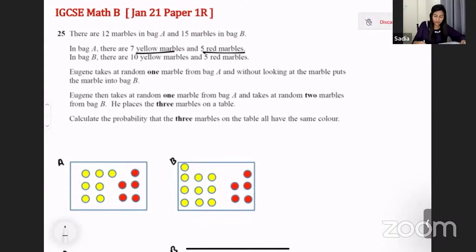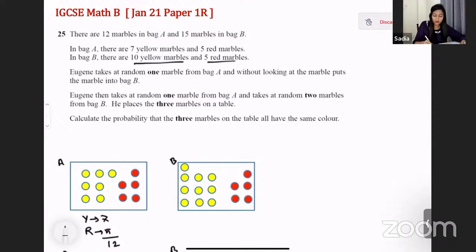So as I have already included in this diagram, you have 7 yellow marbles and 5 red marbles, making a total of 12 marbles in bag A. And then for the second one, you have 10 yellow marbles and 5 red marbles. So number of yellow is 10 and number of red is actually 5. So the total number of marbles in bag B is actually 15.